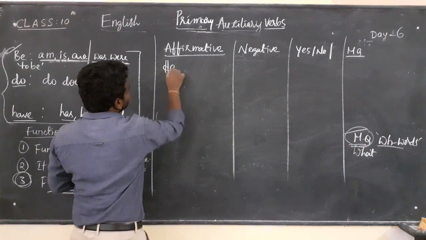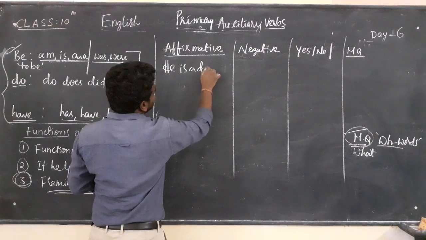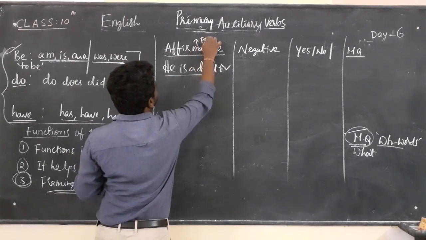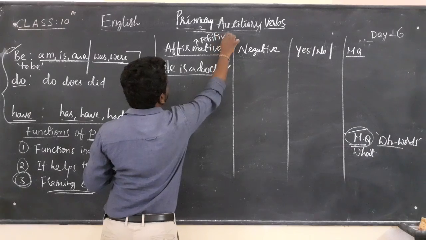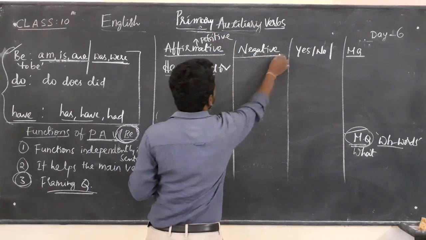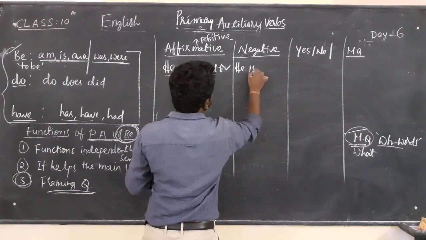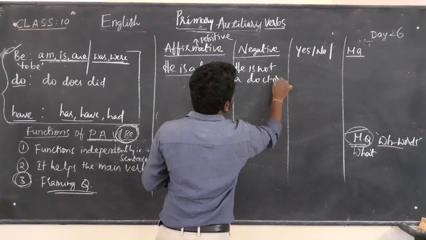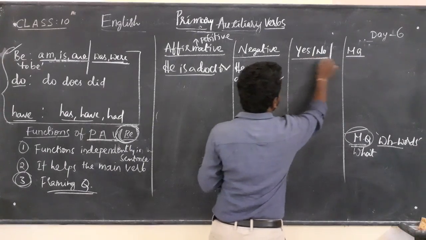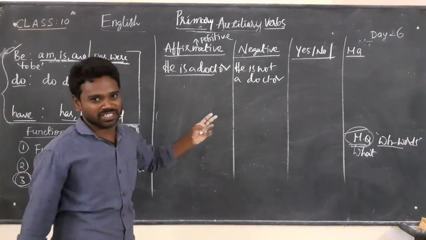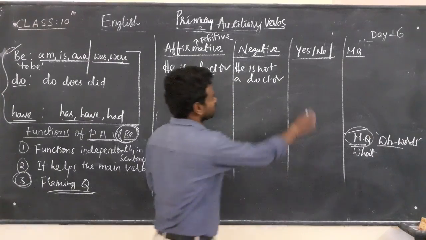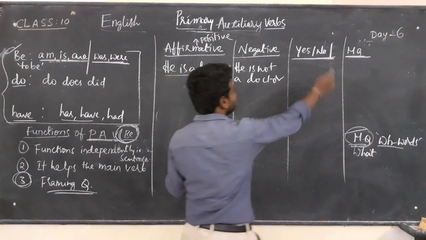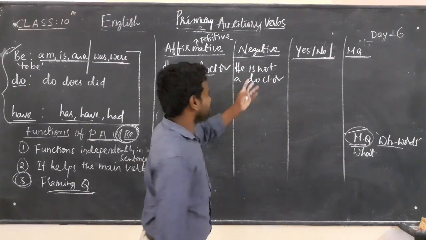Let us see an affirmative sentence, for example, he is a doctor. Affirmative is the positive form of the sentence. Negative: he is not a doctor. There are two types of questions: yes no questions and main questions.